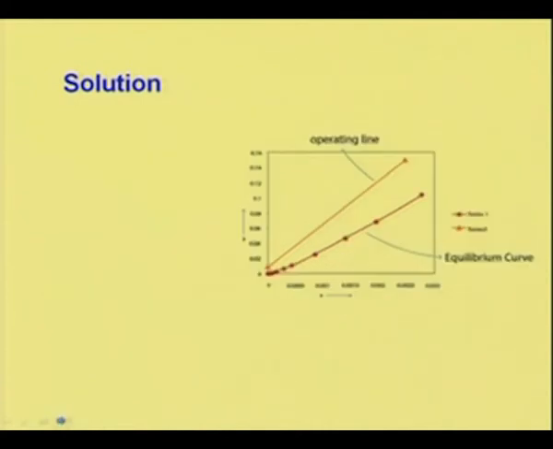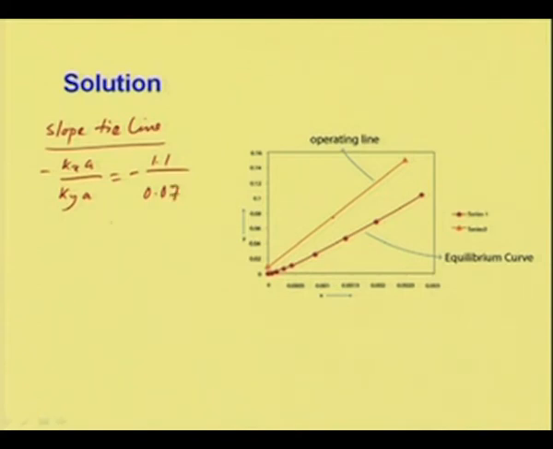So, now the procedure to be followed: we will locate a point anywhere on the curve, and the slope of the tie line can be calculated as minus kxa divided by kya, which is equal to minus 1.1 by 0.07, which is equal to minus 15.71.